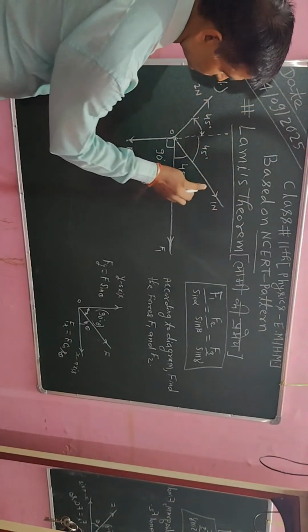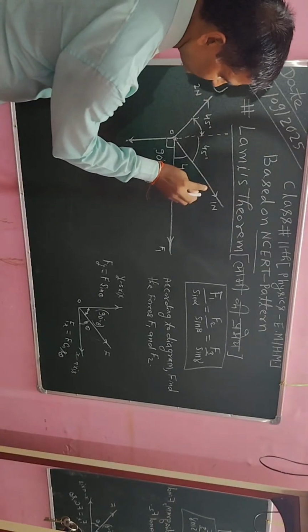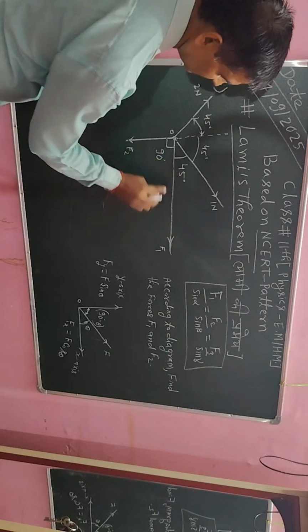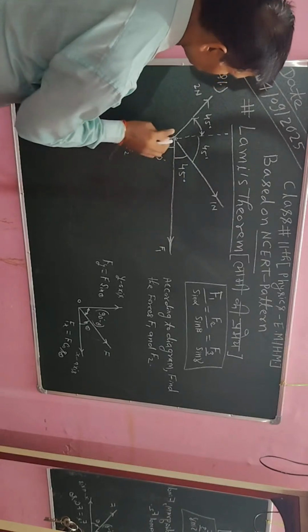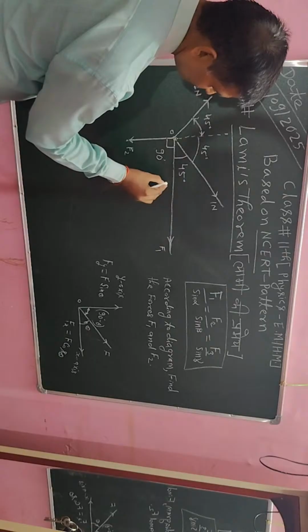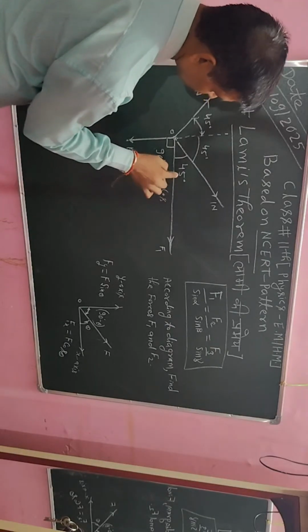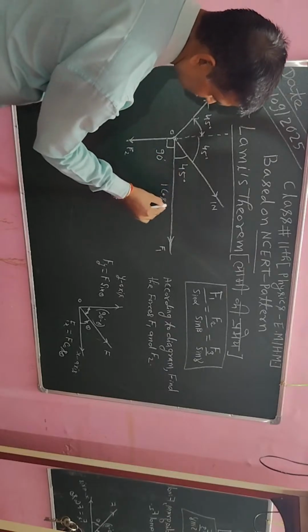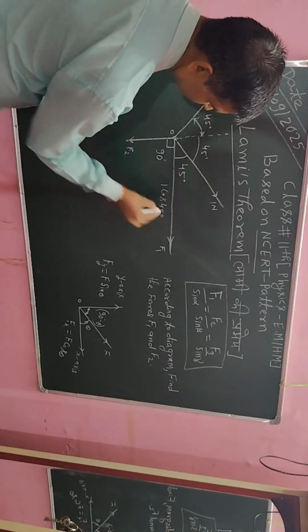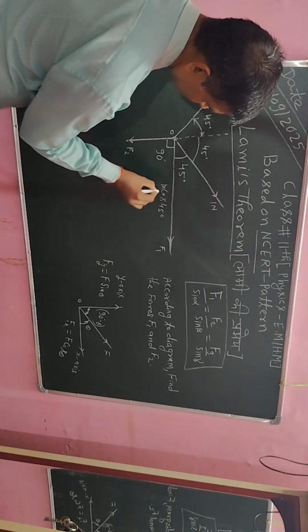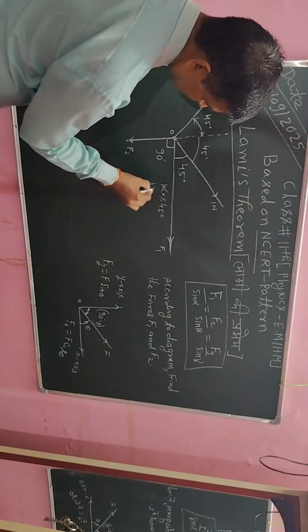Similarly, student, you concentrate here. Here I am going to take representation of this force along this axis and along this axis. So here I will write 1 cos theta. In the place of theta, here it will be 45 degrees. So I will write 1 into cos 45 degrees.